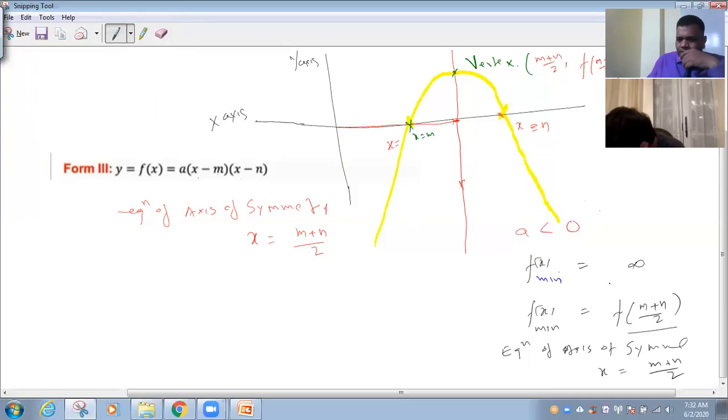So this is going to be minus infinity. What is f of x max? Max is going to be the y coordinate of the vertex, which is the same, f of m plus n by 2. And what is the axis of symmetry? This one: x is equal to m plus n over 2. Perfect.